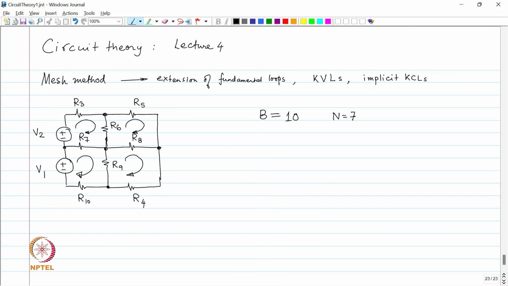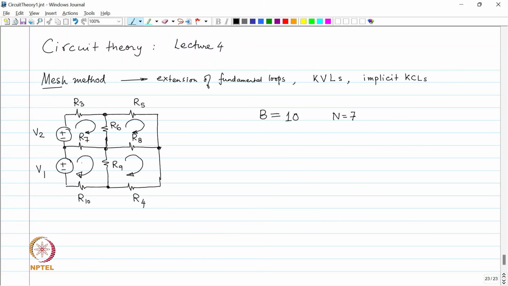So, instead of thinking about the tree and the links and so on, what the mesh method does is, you directly declare that these are the 4 loops we are going to work with. Okay, let us not worry too much. These are going to be the 4 meshes. Okay, so this is the mesh method. So, we are going to call these 4 meshes.